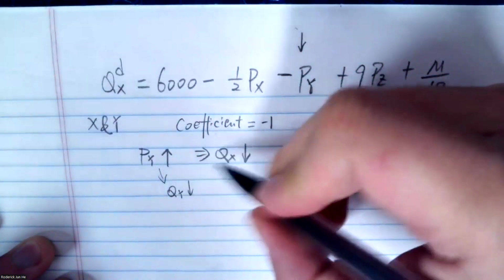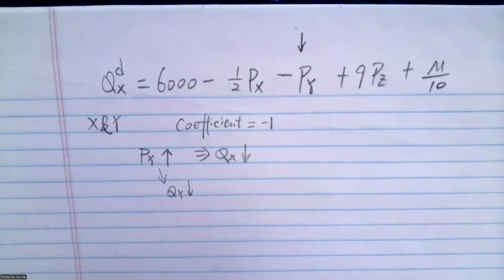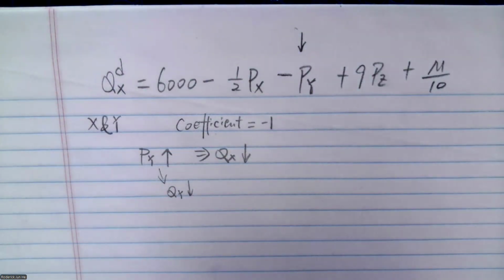And with this, we see that Qx and Qy are moving in the same direction. Namely, the reduction of consumption of Y is accompanied by the reduction of consumption of X.